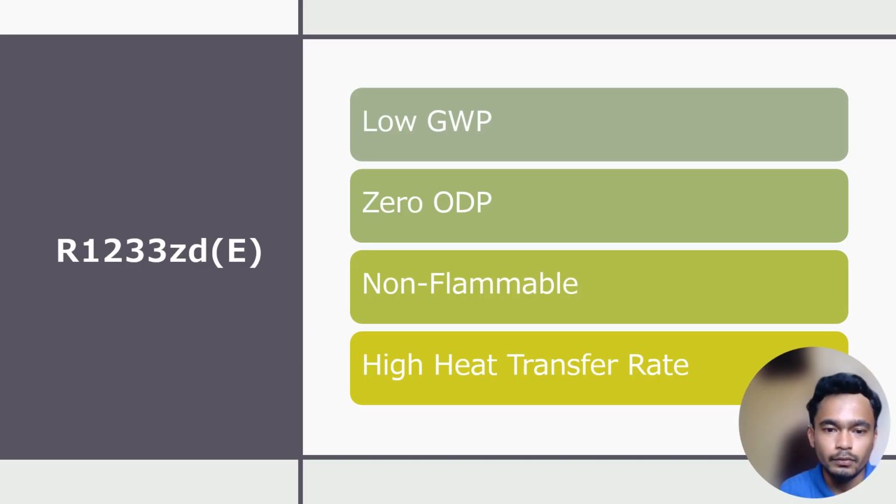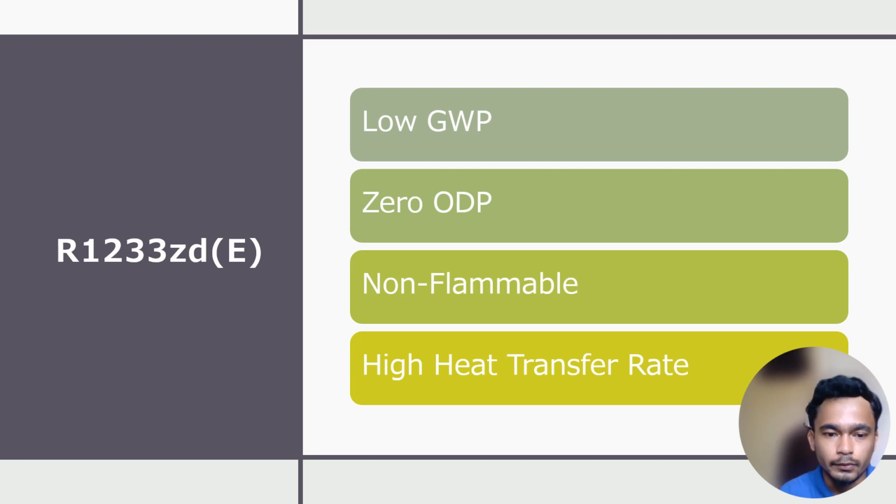Okay, so for the next and upcoming slide, we will be going through the different types of refrigerant which are implemented by Carrier in their product lineup. The first refrigerant is R1233zd(E).